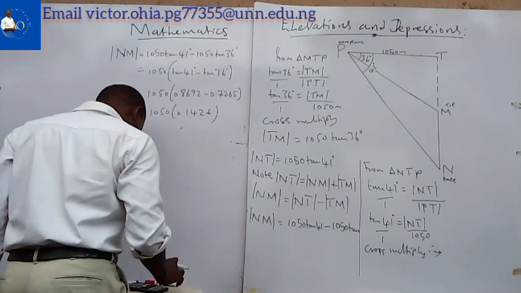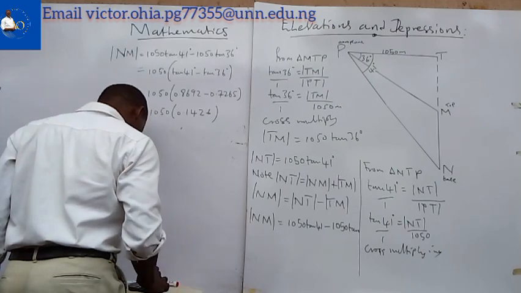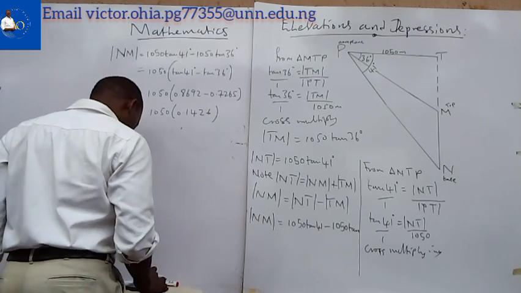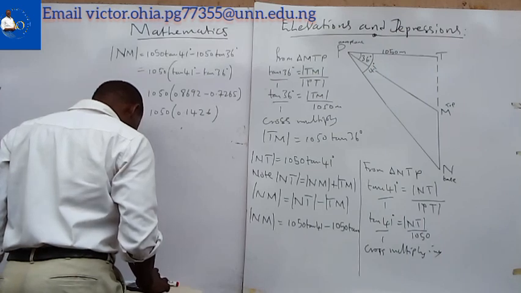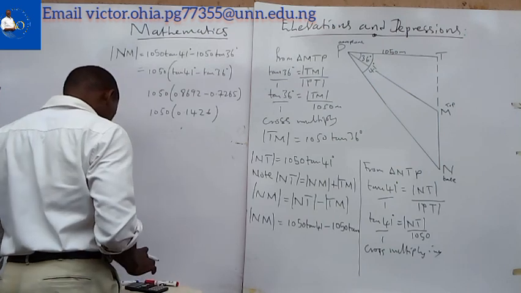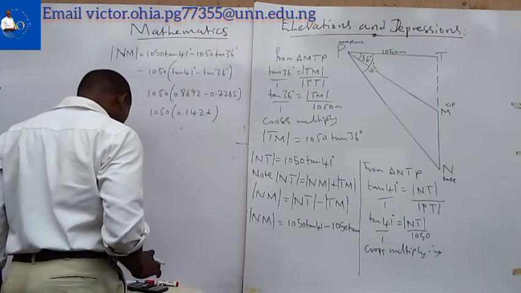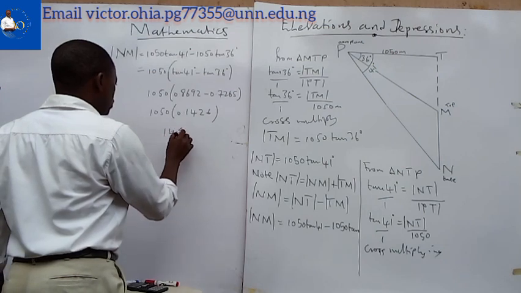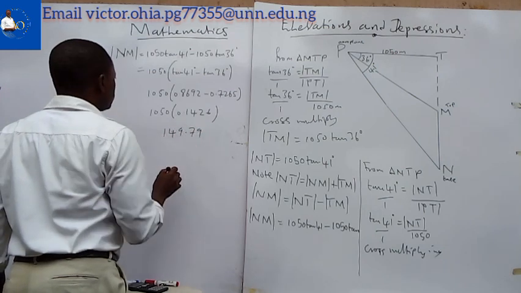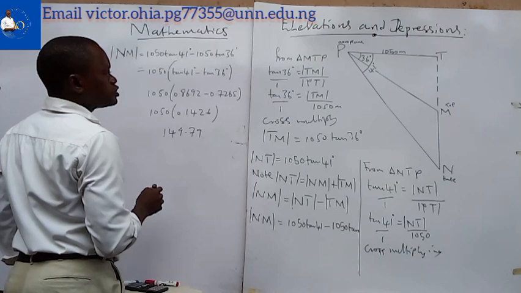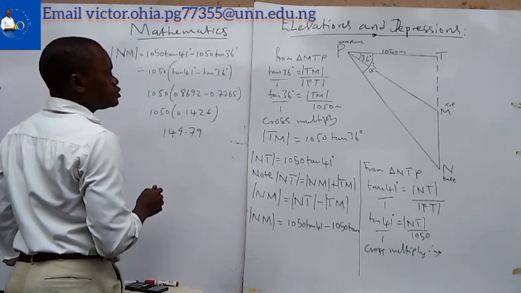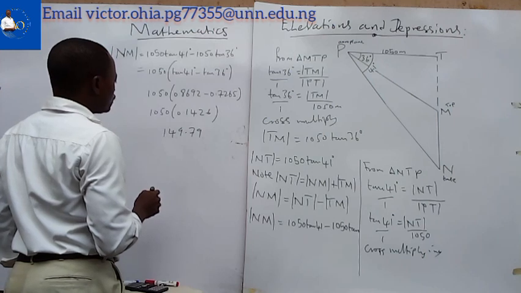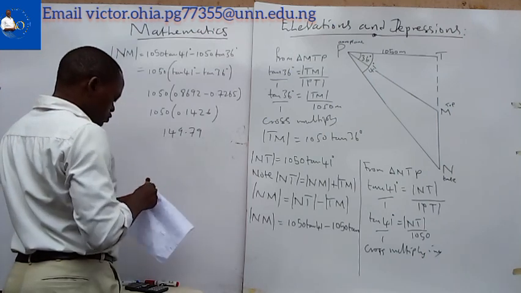So times 1050 equals 149.79. Did they give us any instruction there? You have to check.